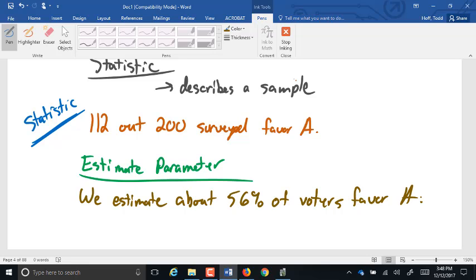It may not necessarily be completely accurate, but it is an estimate of a parameter. It's a statement about the population.